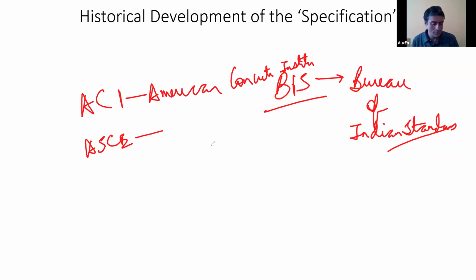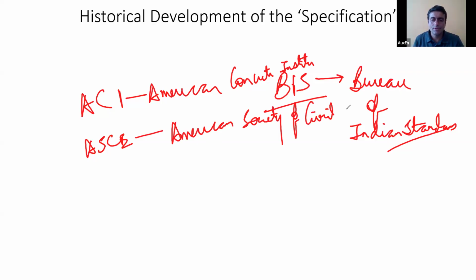ASCE full form is American Society of Civil Engineers. So these engineers will come together, form a group, and under their leadership, the codes get published.